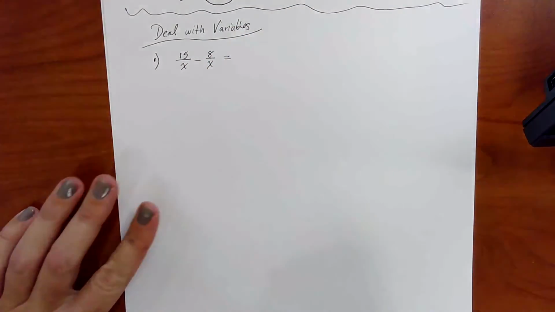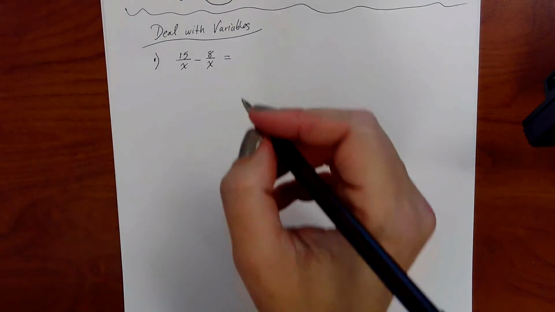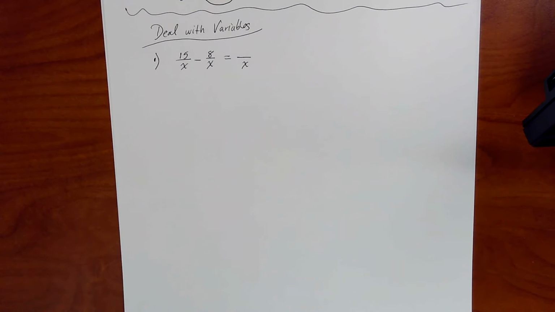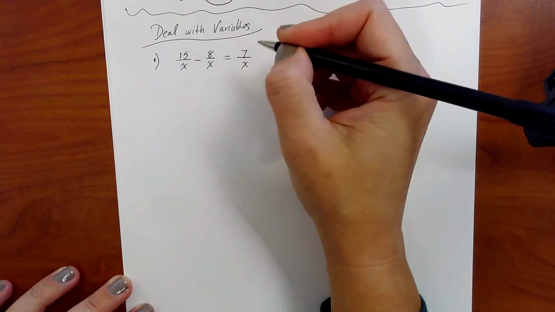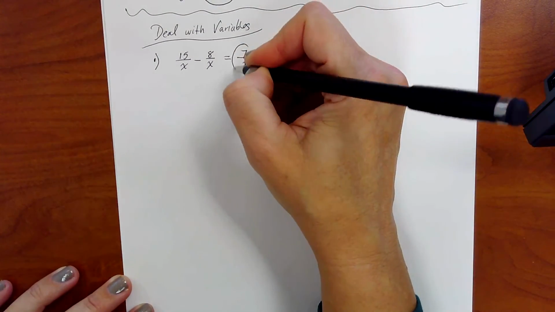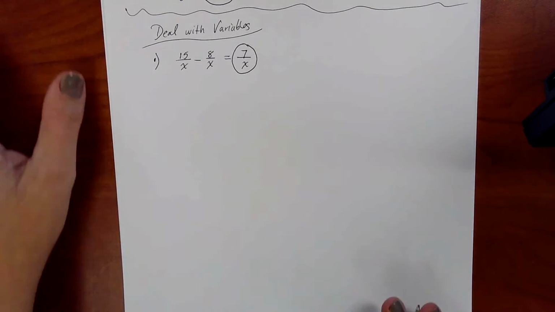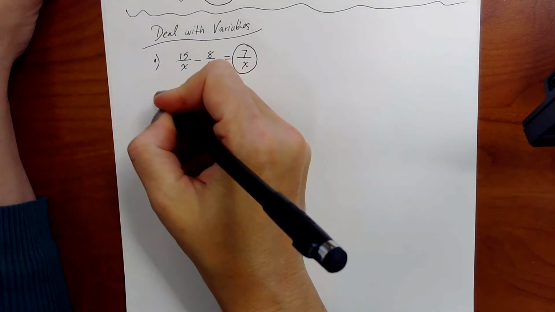Well, you already have a common denominator of x, so you might as well just keep it. Keep the x. And then you just have to do 15 minus 8. 15 minus 8 is 7, and you would be done. That's all you can do on that one.